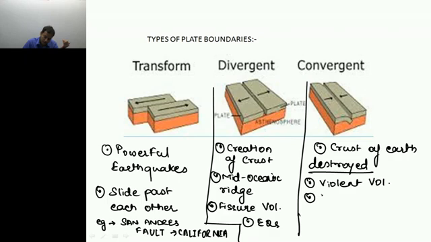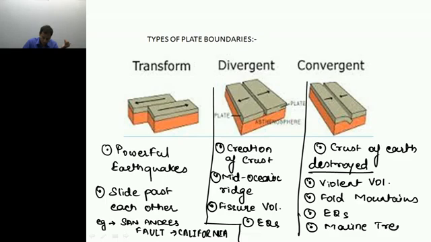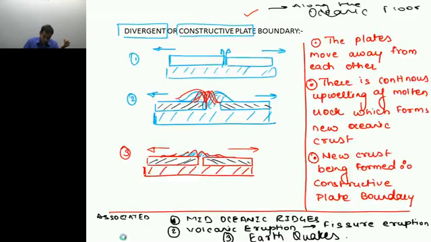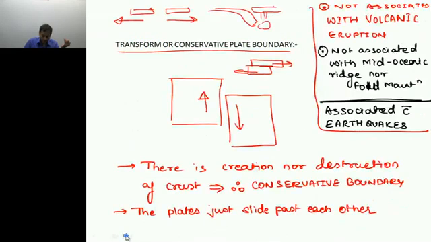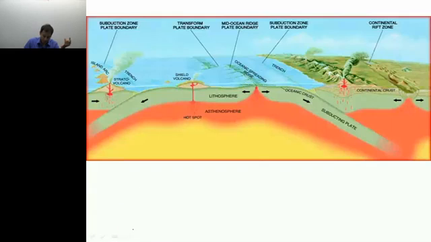They are associated with fold mountains, that is, some of the loftiest mountains in the world. They are associated with earthquakes. They are associated with marine or oceanic trenches, that is, the deepest parts of the oceans. An example of each of these will do.